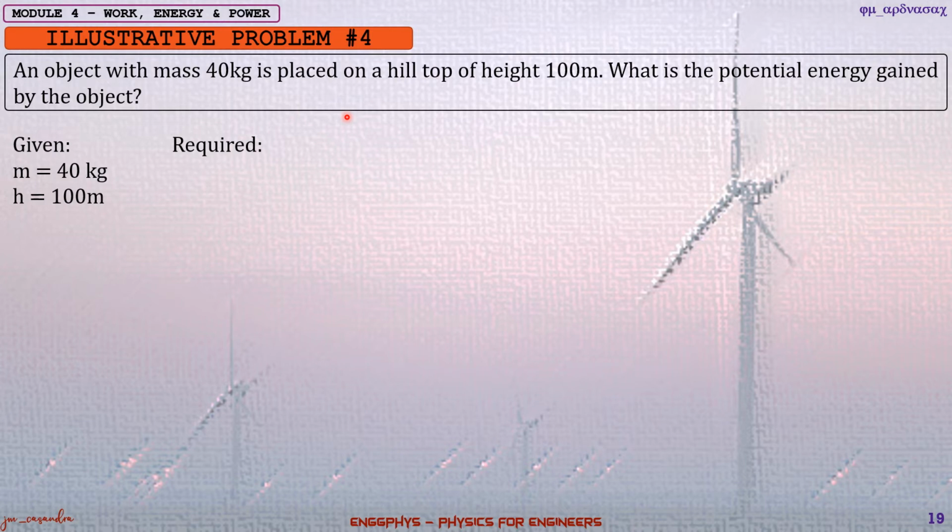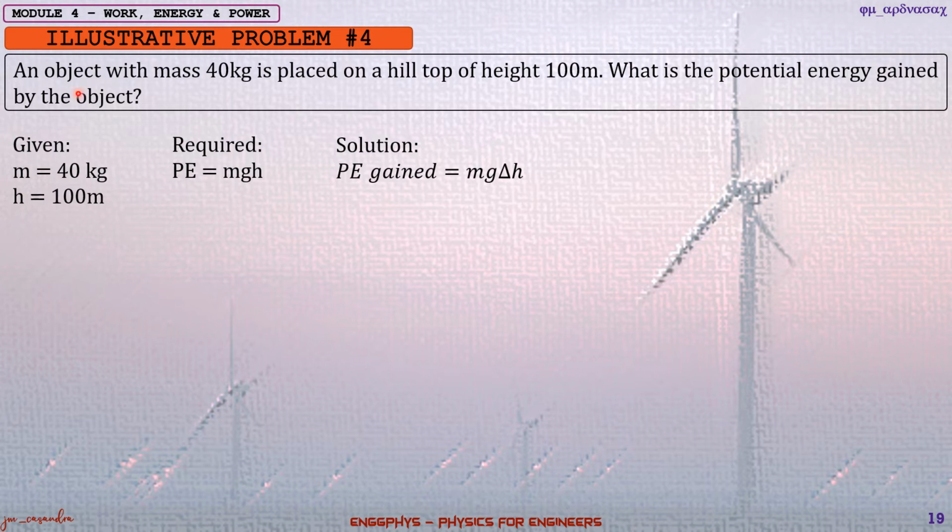So for our initial and final potential energies, we'll be solving it using the equation mass times g times height. Okay? So for our solution, we are solving for the gain. So that's equal to mg final minus mg initial, or that's simply mg times the delta h.